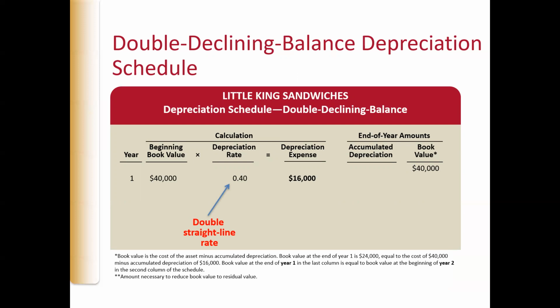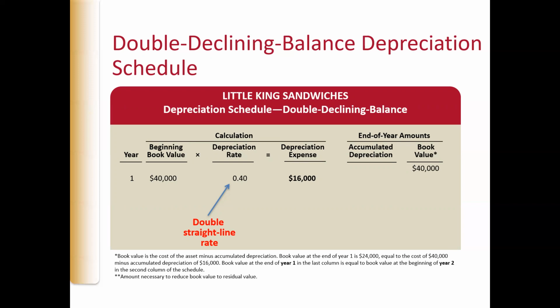If this truck is for $40,000 and we estimate a 5-year life, that means we're going to take 20% a year under straight line. The whole asset is at 100%. Over 5 years, we take 20% of that asset each year to allocate the cost.